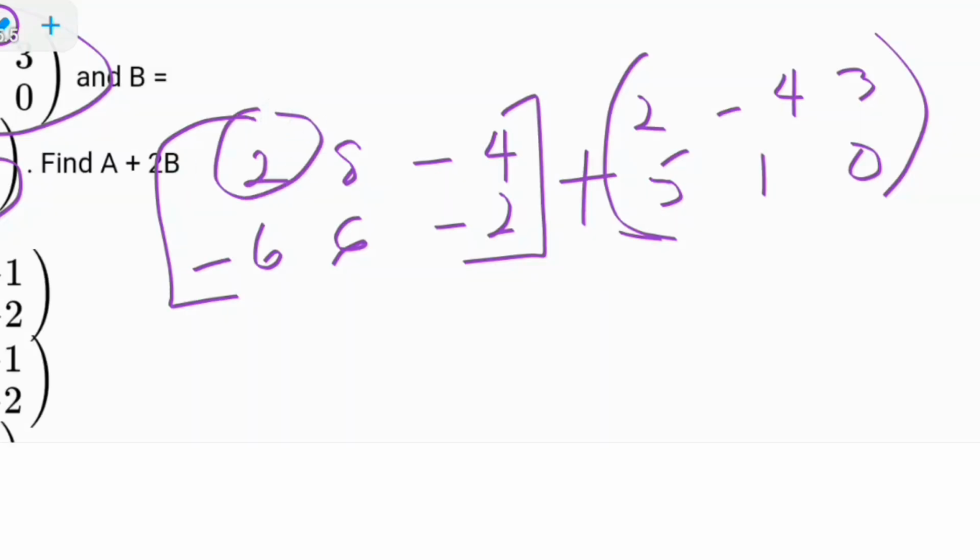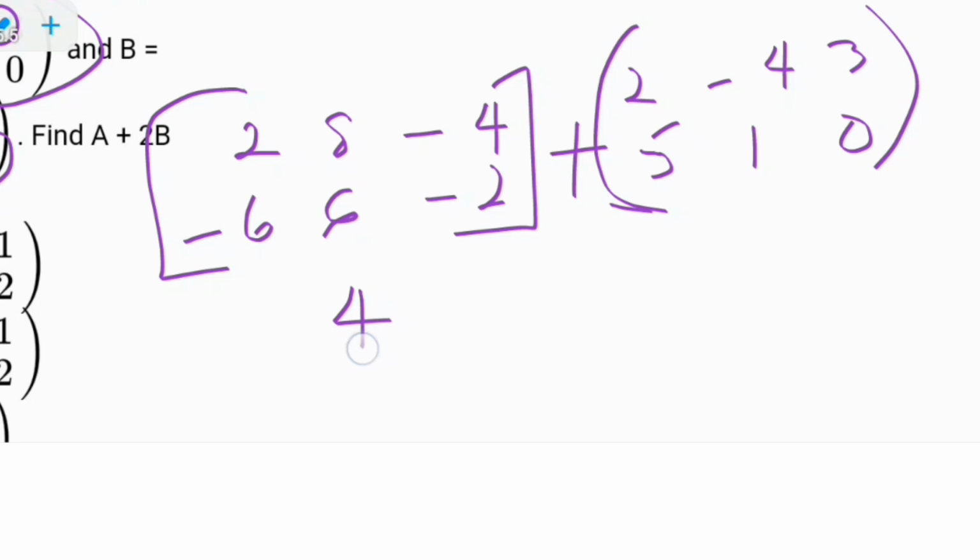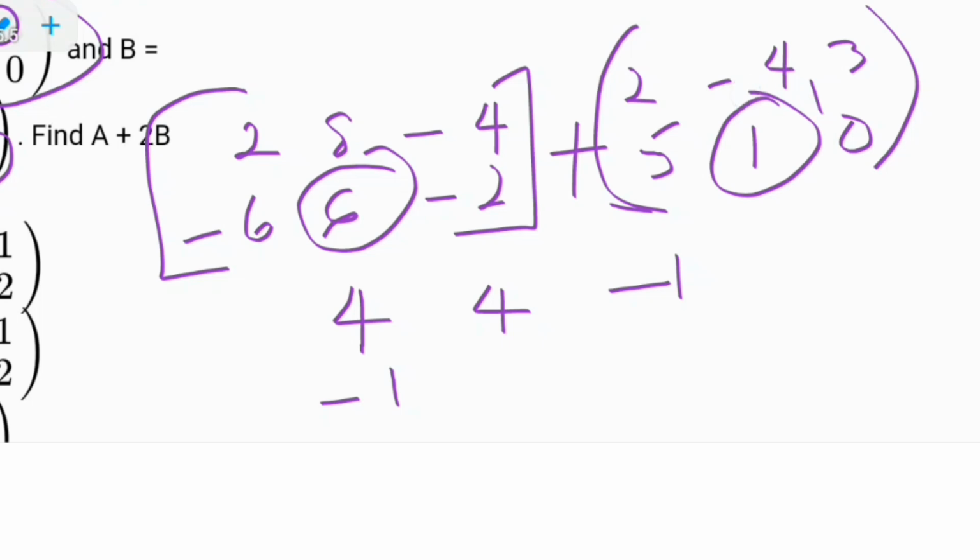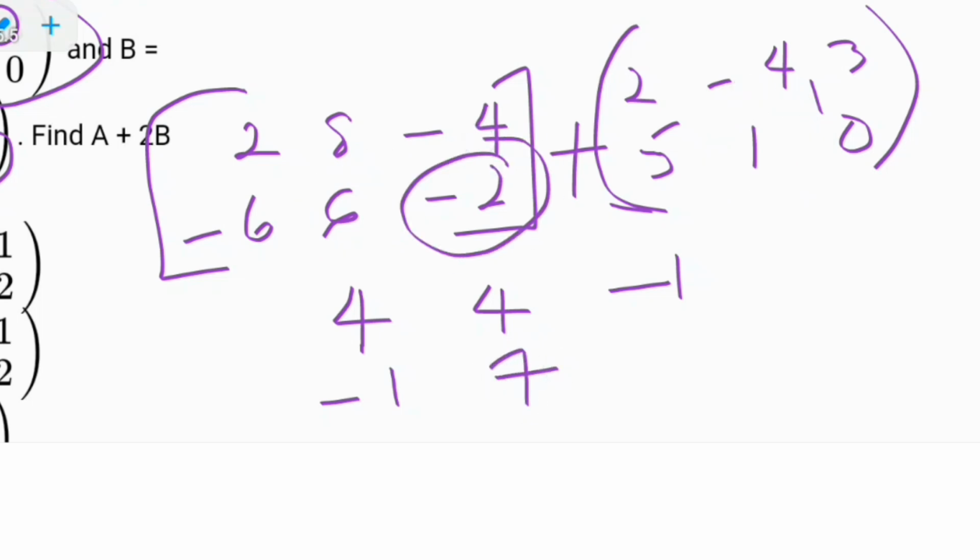This 2 plus this 2 will give us 4 to start with. 8 minus 4 will give us another 4. Minus 4 plus 3 will give us minus 1. Minus 6 plus 5 will give us minus 1. 6 plus 1 will give us 7. Minus 2 plus 0 will give us minus 2.